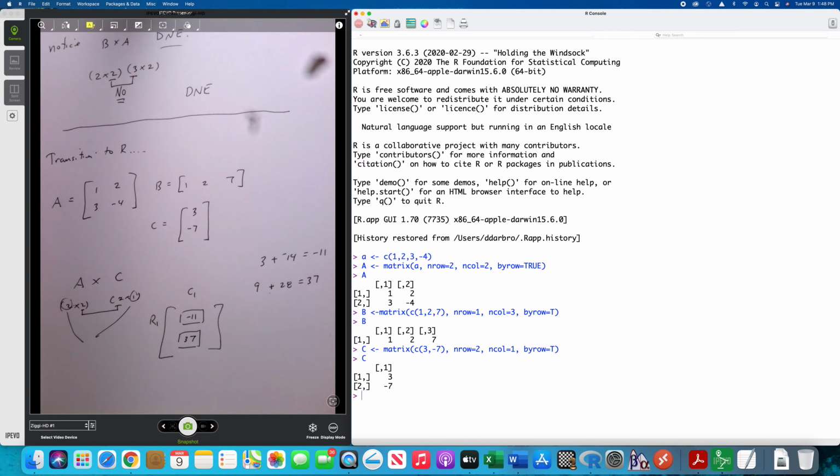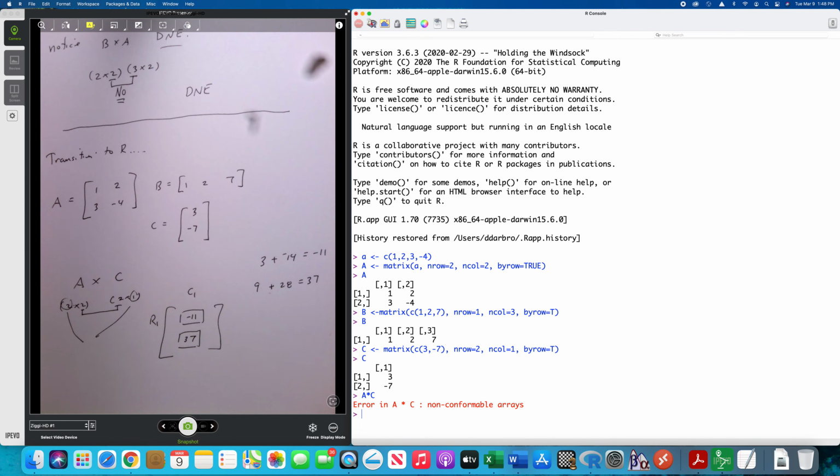All right, so I put this as you would think I would do. You would think that I would just multiply A times C, right? Well, this isn't going to work, because if we multiply A times C in R, it treats it as if we're adding corresponding parts.